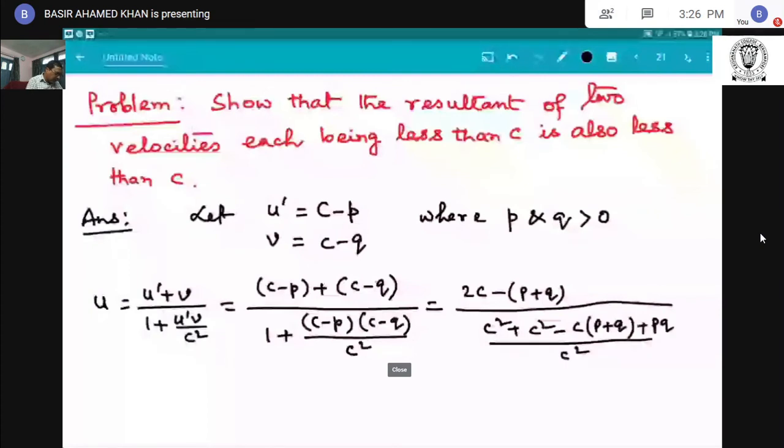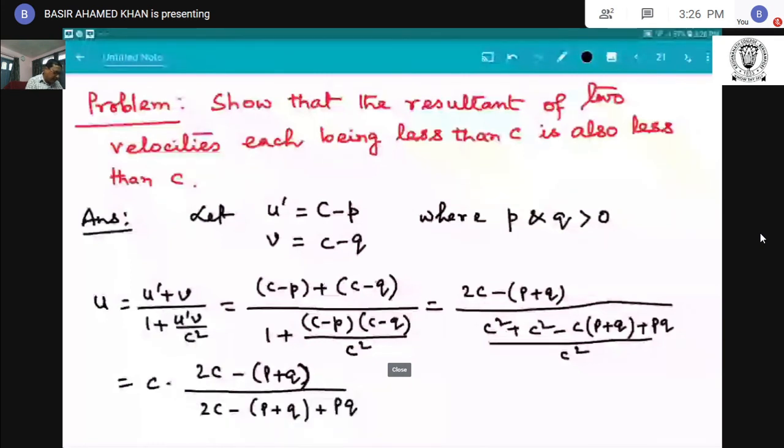Equal to c times 2c minus p plus q divided by 2c minus p plus q plus pq by c.